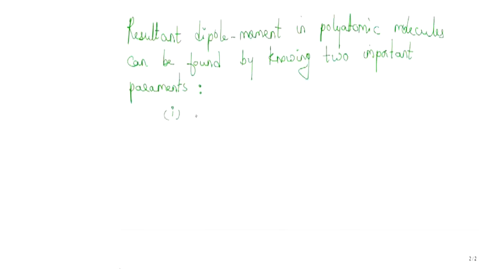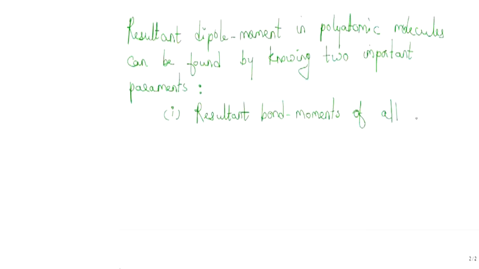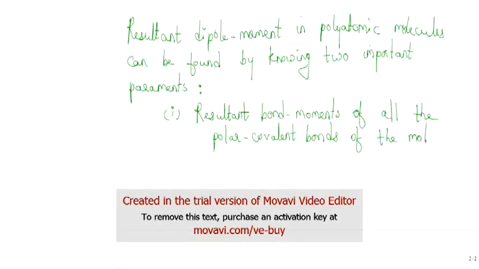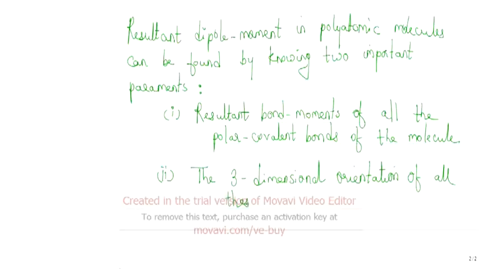One, the resultant bond moments of all the polar covalent bonds of the molecule. And two, the three-dimensional orientation of all these bonds.